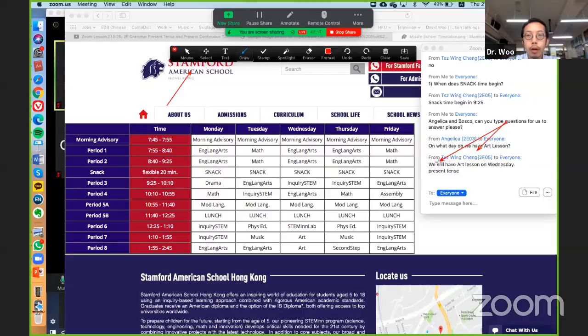So I just share that with you. Right? That's why we're reviewing. We're learning to talk about timetables and schedules, not only which words, which verbs to use, but which verb tense to use.